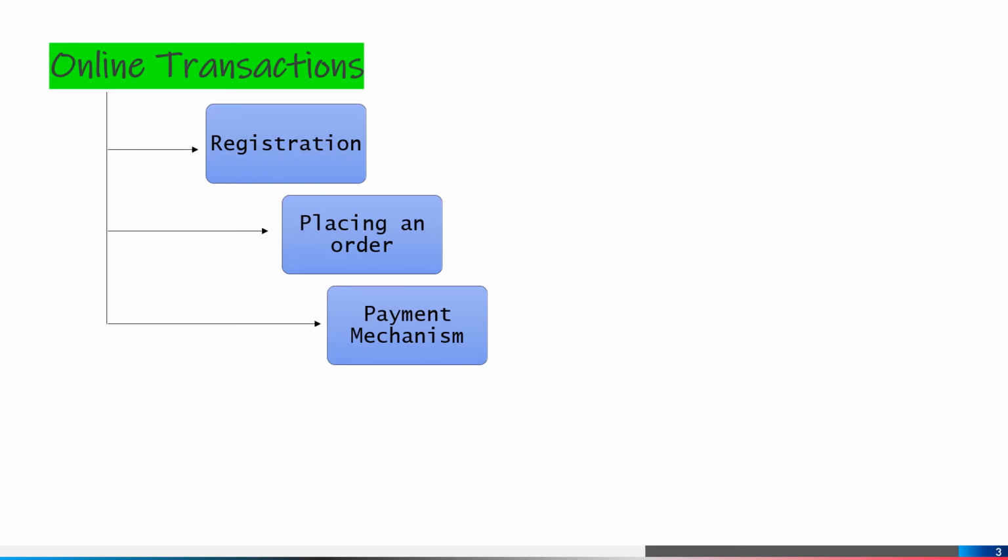Now payment mechanism comes into place. So what is payment mechanism? This is a very important feature of online businesses, where a person who is selling goods needs to give its customers a payment mechanism, a platform where he can conveniently pay for whatever he is purchasing.